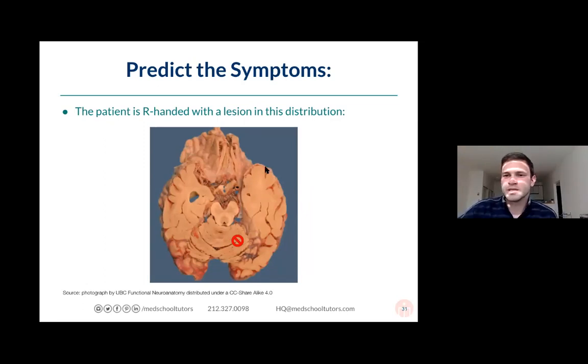I tend to think of Gerstmann's as more of a dominant parietal lesion, and it has the weird four things that I can never remember: right-left disorientation, finger agnosia, acalculia. They can't do math. Right-left, finger agnosia, acalculia. There's one more. I don't remember.